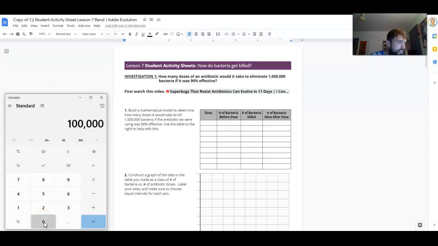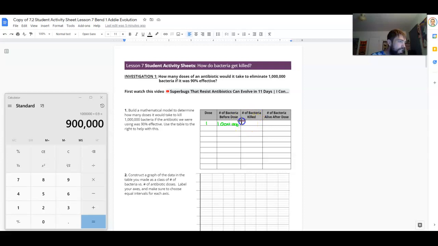1,000,000 times 0.9, or 90%. And that will give us 900,000. So that's how many were killed. And then the amount that are left are 100,000. So I'll have to rewrite it because of how this works. So we have 1,000,000 here again.